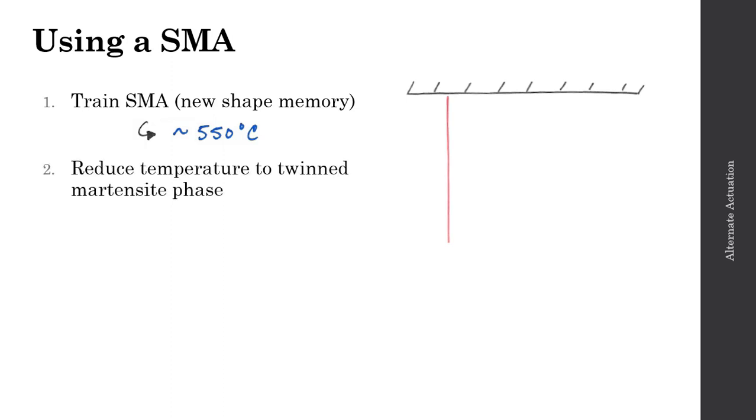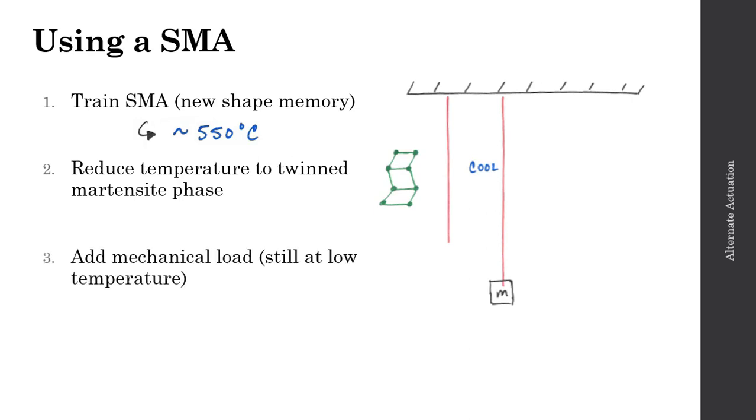The second step will be to reduce the temperature below this annealed step at 550 degrees C down to the twinned martensite phase. We'll then add a mechanical load to the SMA to strain the SMA. And at this point, we'll be in the deformed martensite phase with a strain on the order of about 5%.